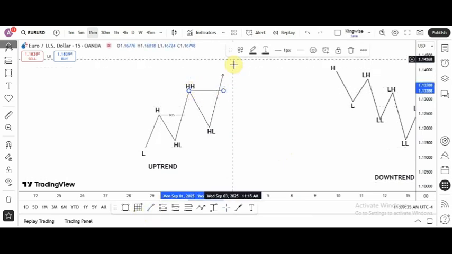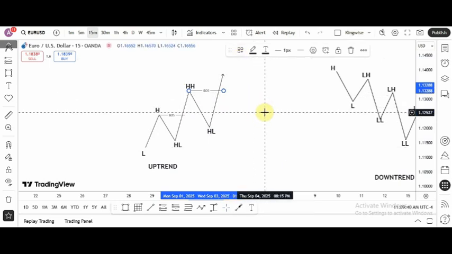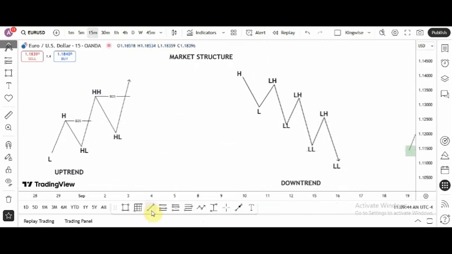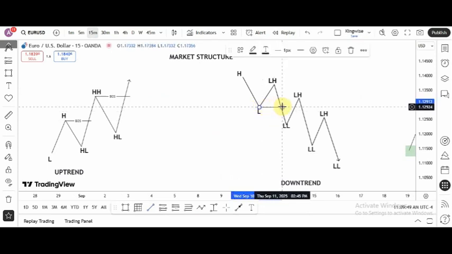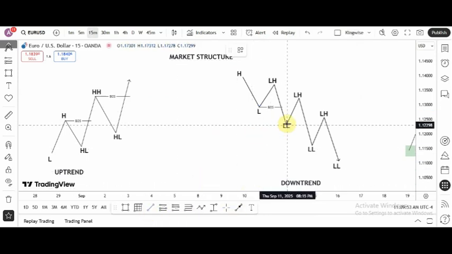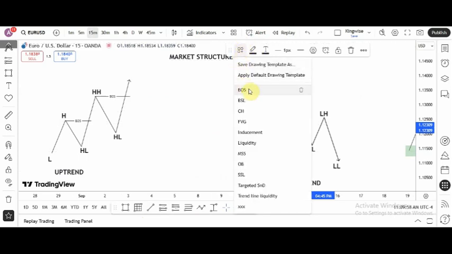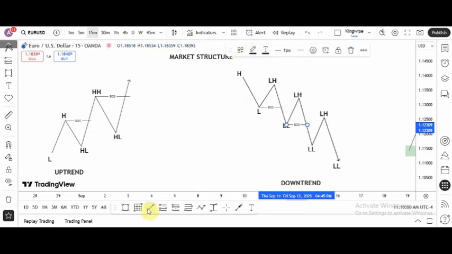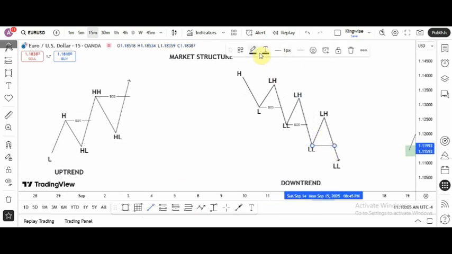So this is what we have. So it breaks the structure again. That is what happens when market is pushing upward. The same thing happens when market is pushing downward. Market keeps breaking the lows, breaking old lows and forming new lows, and so on and so forth. So that's what we see.